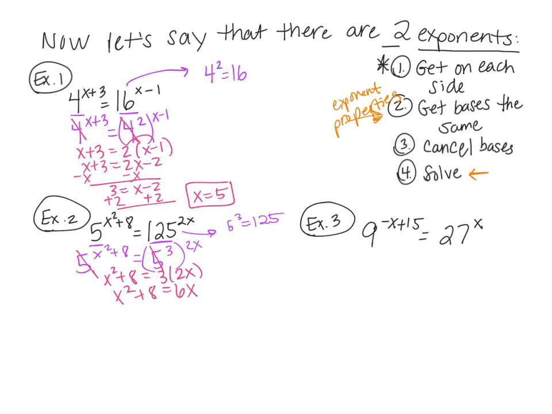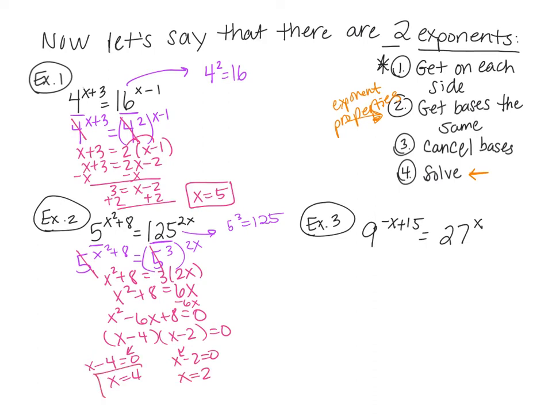This is a quadratic, so I need to set it equal to 0 to solve it. So I'm going to move that 6x to the other side. Then I'm going to go ahead and factor this to be x minus 4, x minus 2, setting each factor equal to 0 gives me x to be 4 and x to equal 2.